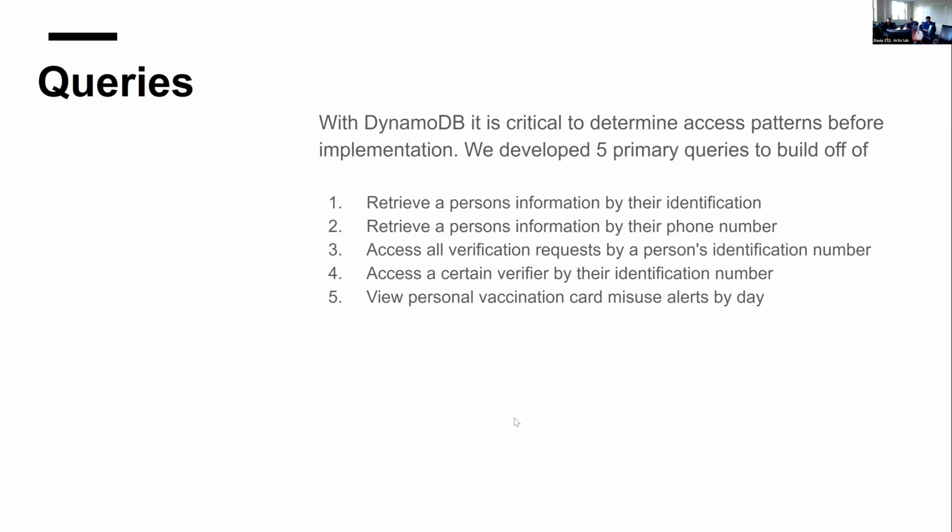How to retrieve a person's information by their identification number, retrieving a person's information by their phone number, accessing all requests by a person's identification number, accessing a certain verifier by their identification number, and viewing all vaccination card misuses day by day.